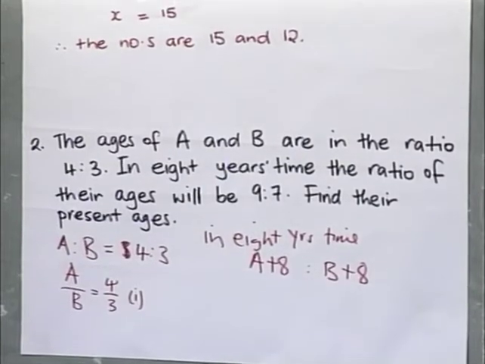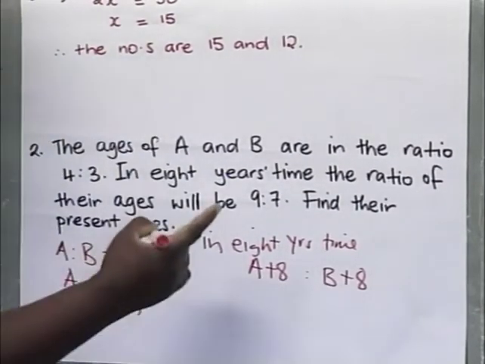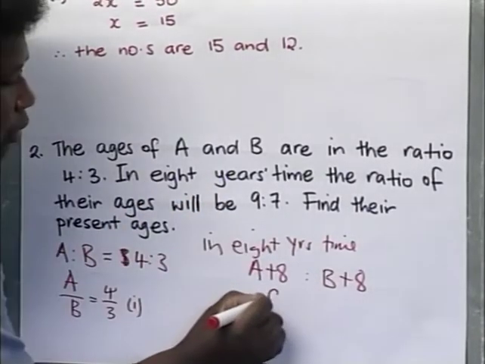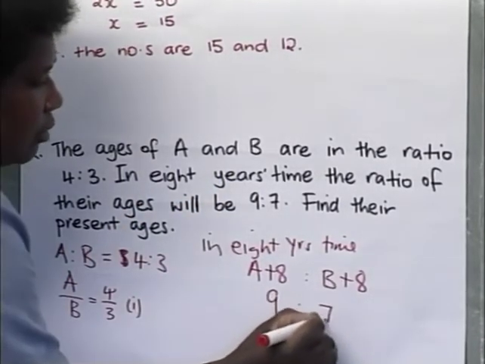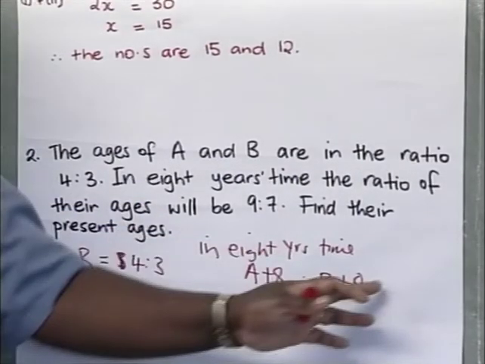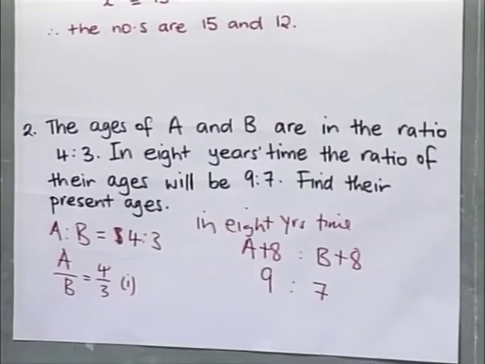When that happens, the ratio of their ages will be 9:7. So A plus 8 is to B plus 8 equals 9:7. I can even write it this way. And we can also come up with an equation.